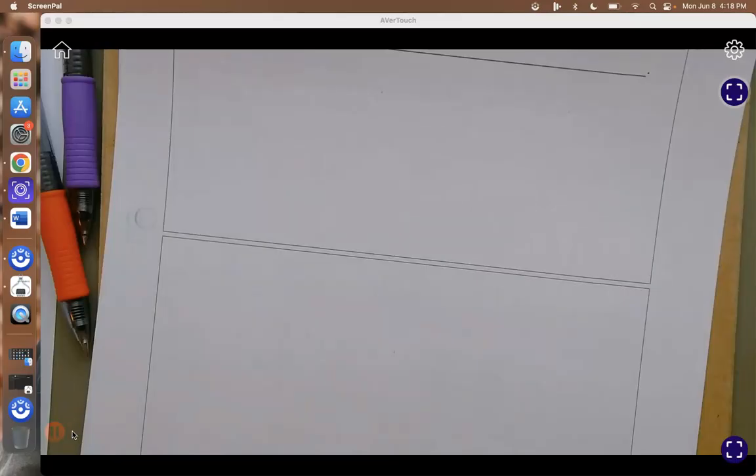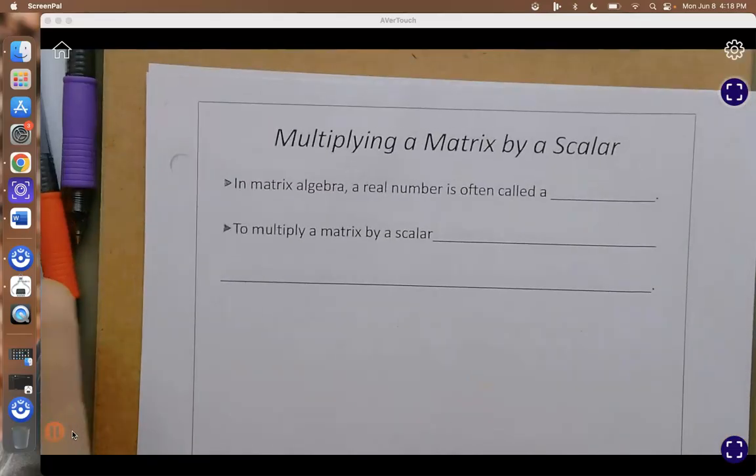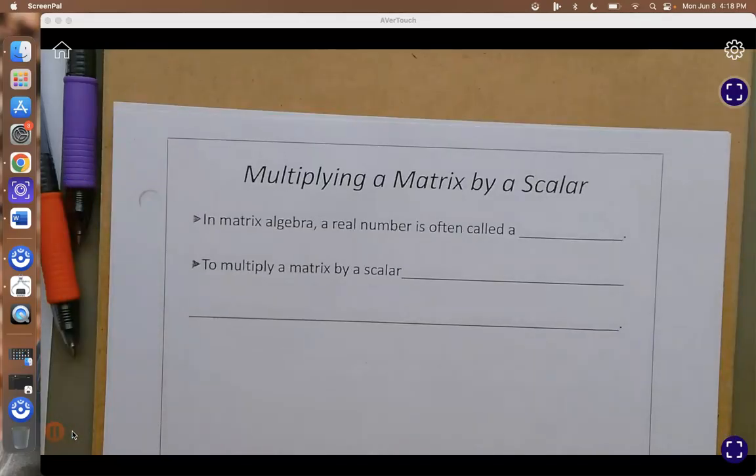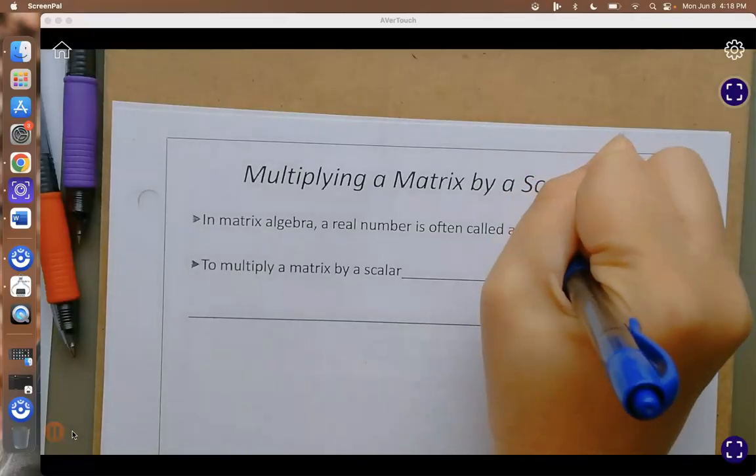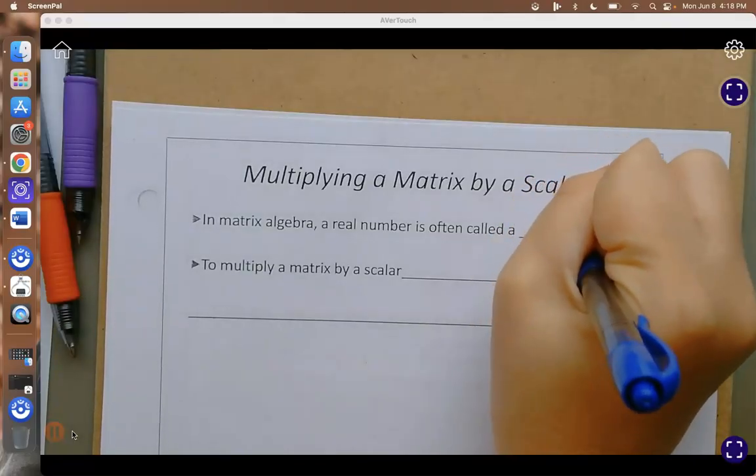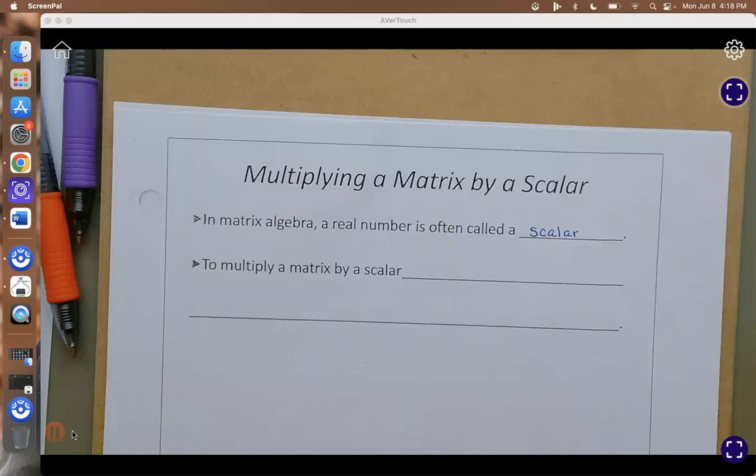Okay, now let's look at multiplying. And again, you can rewind that and play it back as much as you need to. In matrix algebra, a real number is often called a scalar. So if you just have a number, it's called a scalar.